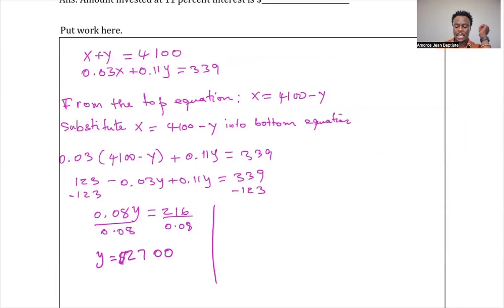And then we knew that x plus y was 4,100. So we can say that x equals 4,100 minus the value of y, which is 27,000. 4,100 minus 27,000 gives me x equals 14,000.